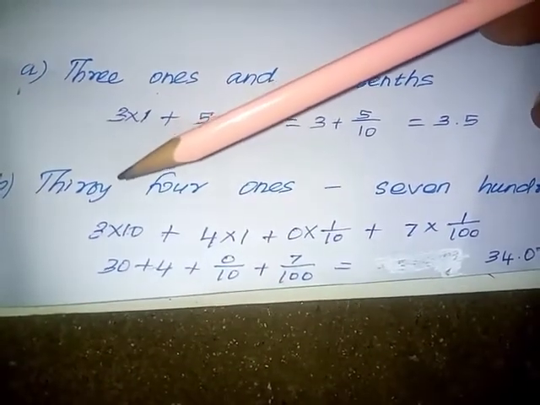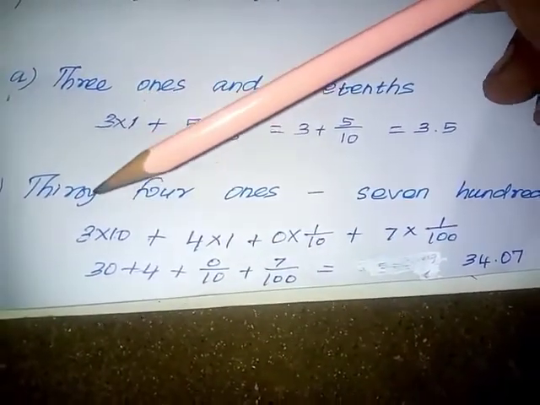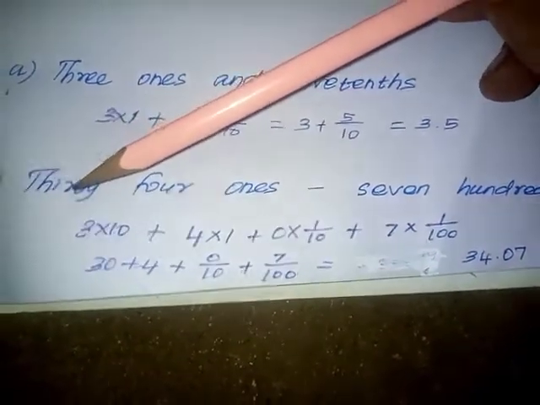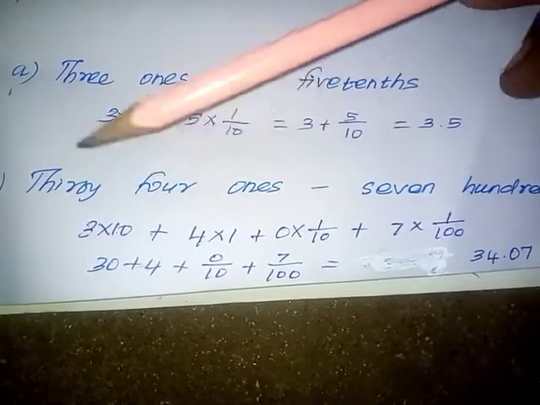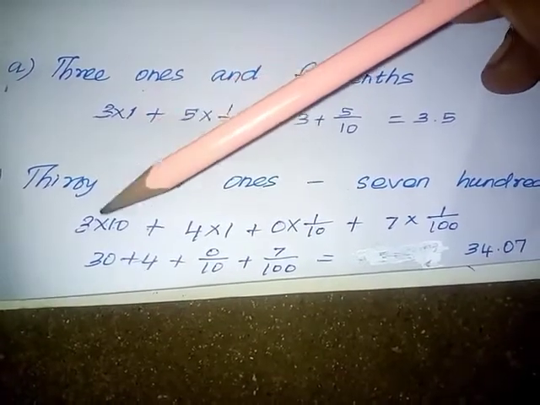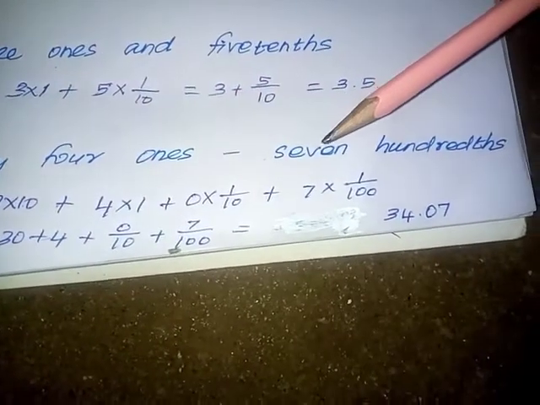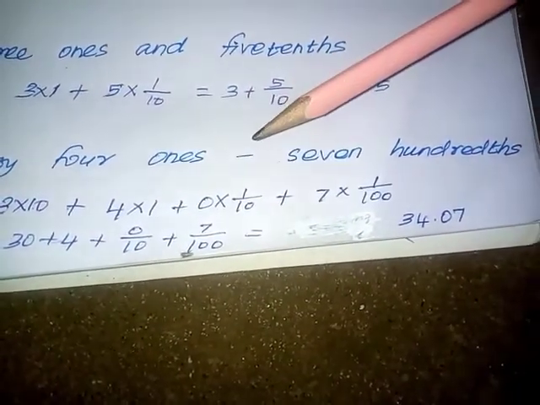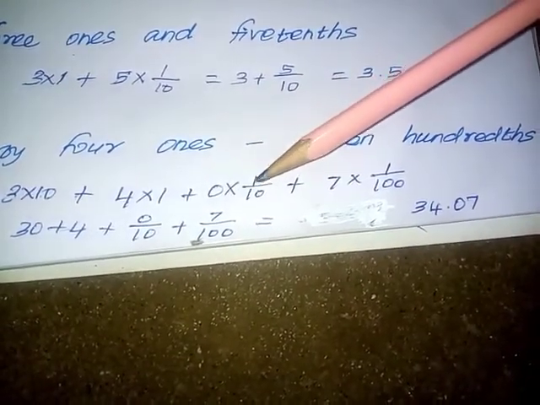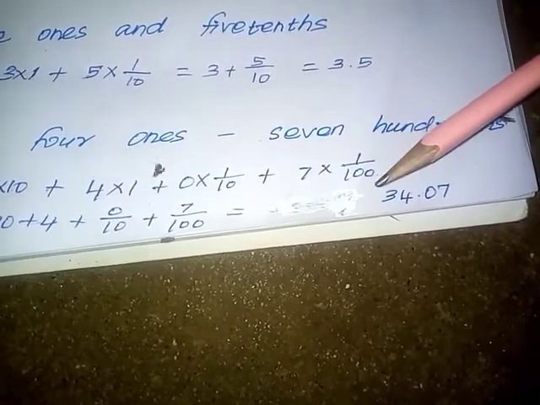Question number 2: 34 ones, 7 hundredths. Here 34 ones can be written as 3 tens and 4 ones. So we have to write 3 into 10 plus 4 into 1. Then 7 hundredths. Here there are no tenth place values, so we write 0 into 1 by 10 plus 7 into 1 by 100.